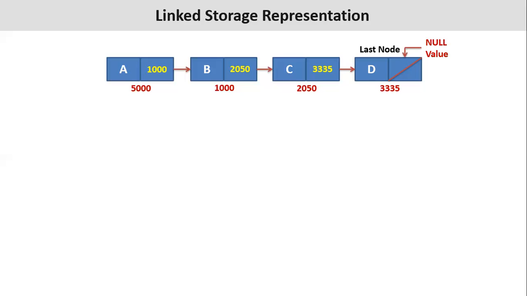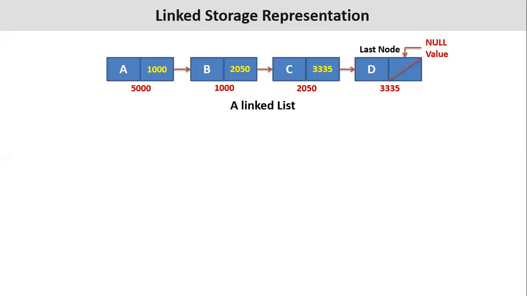C is the third node, 2050 is the address of the C node, and 3335 is the address of the next node. D is the last node, the address of that node is 3335, and the last node is not linking to any other node. So the address part contains a null value, and that is called the last node.